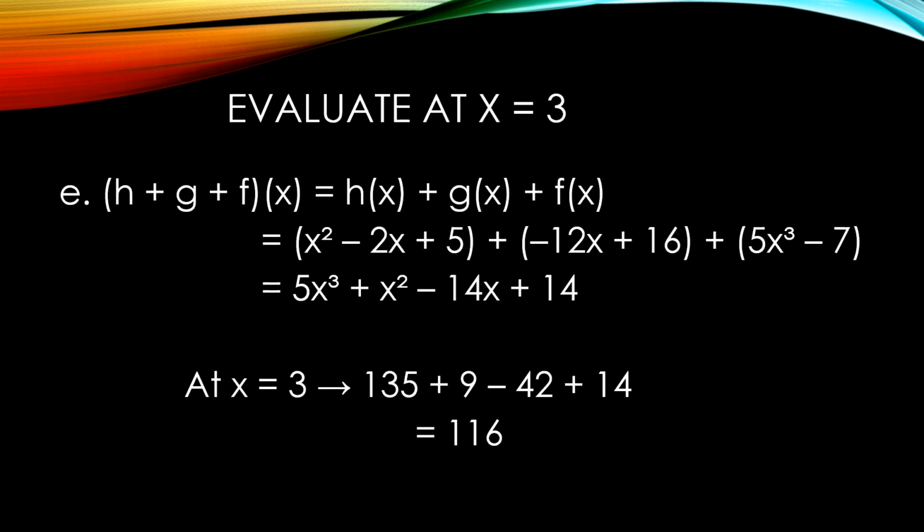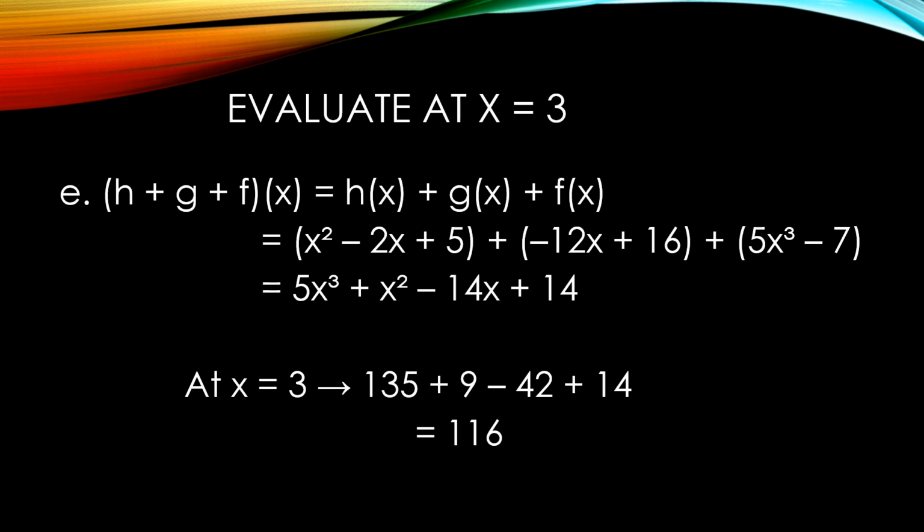This time here we are going to evaluate x equal to 3, but we are not going to substitute the object 3 into each particular function. We are rather going to find the whole expression for the function h plus g plus f, like the previous one that we did.